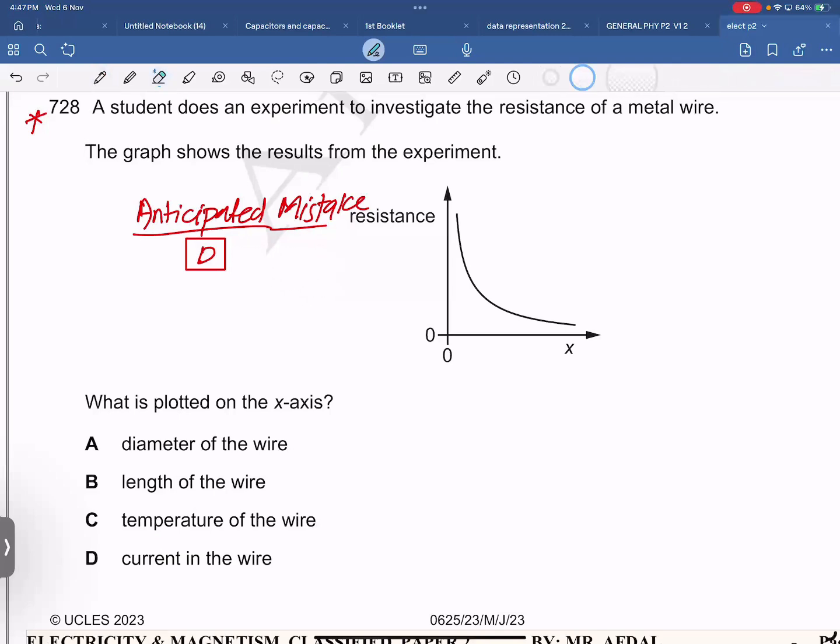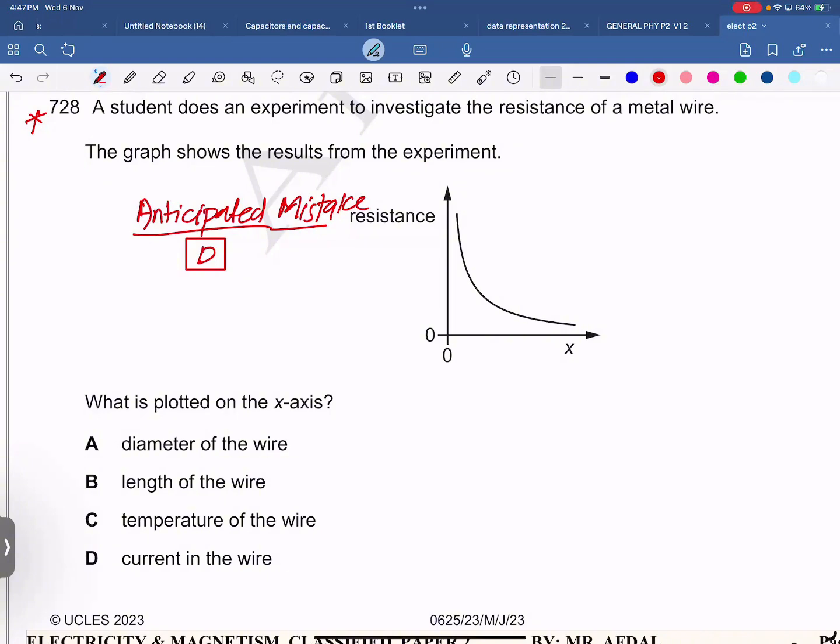Because when you use this equation, we say R equals V over I. This means R is dependent, I is independent. So what students do, they think when there is more current, there is less resistance. No. Actually, when there is more resistance, there will be less current. Resistance high, current low.